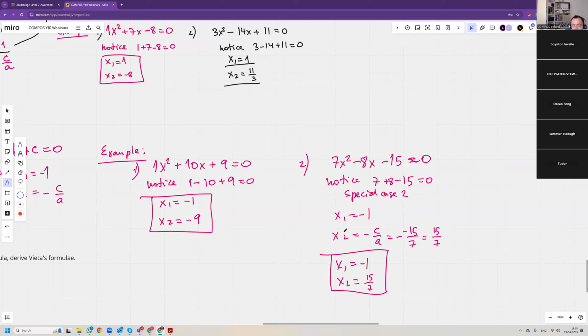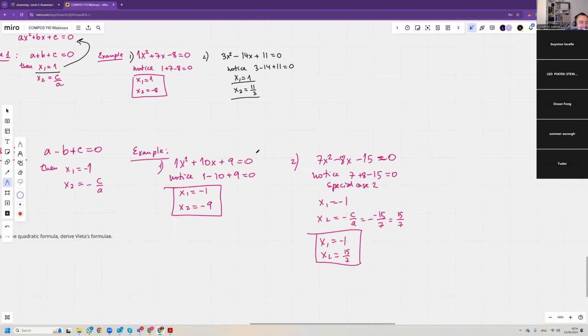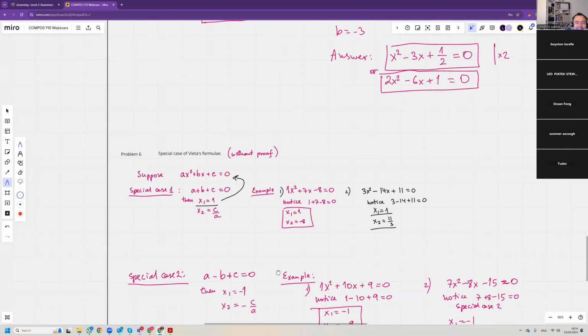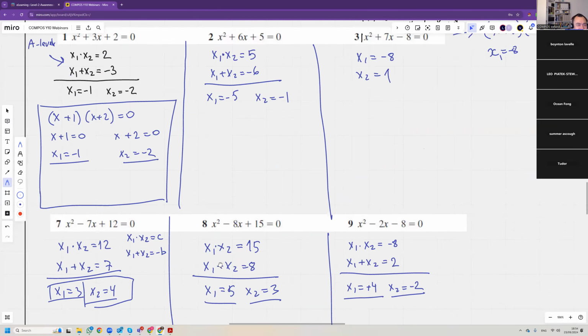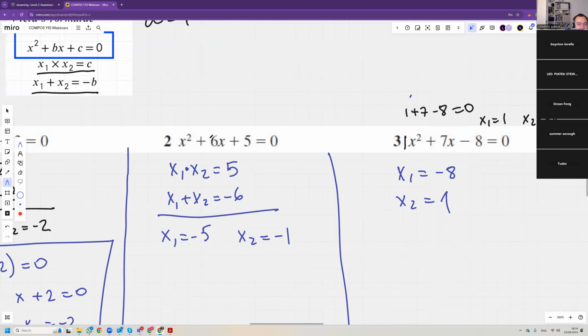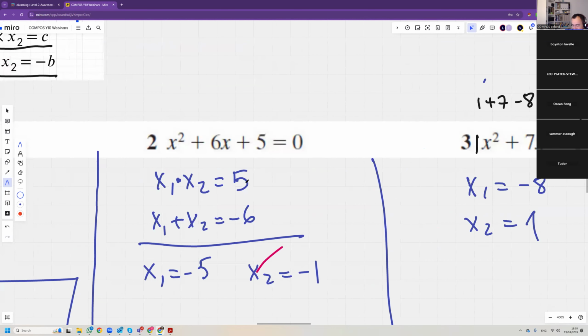You can use special cases. If you notice them, you can use them always. And it gets ridiculously easy sometimes. Look at this, for example. Here, x squared plus 6x plus 5. If you do that, 1 minus 6 plus 5 is 0.